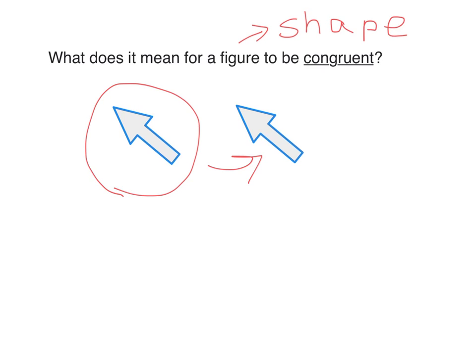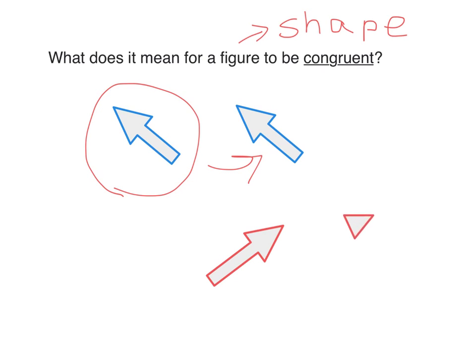If I, for example, took that same shape as before and rotated it, it would still be congruent because it's the same shape and the same size. So all three arrows that you see on this page are congruent.